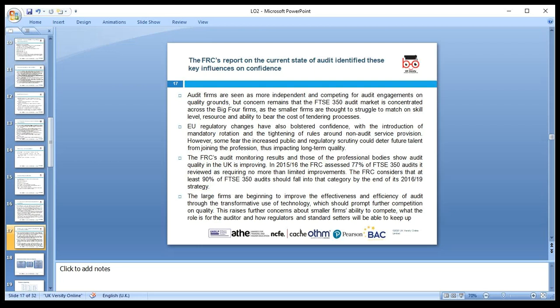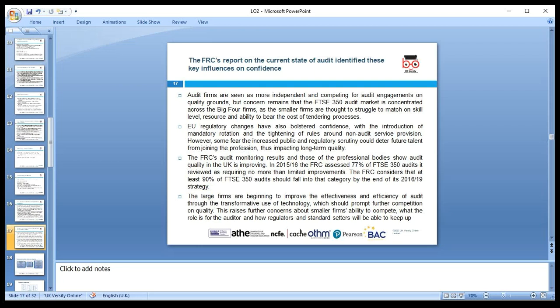So EU regulatory changes have introduced new mandatory rotations and tighter rules on non-audit services.